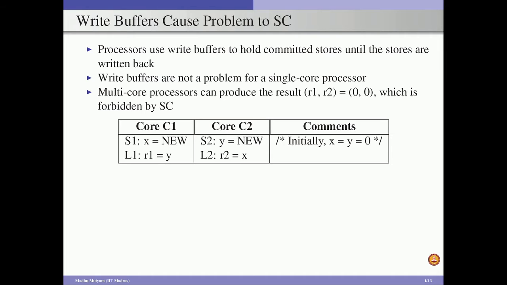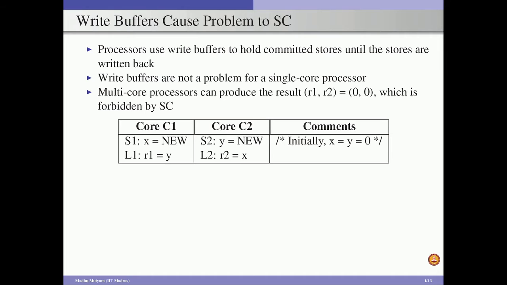Now, if we have write buffers in our multi-core system, what happens is that when core 1 executes the store instruction x equal to new, it stores the value in the store buffer, and the value written onto the store buffer may not be immediately reflected or communicated to the other cores. As a result, when core 2 executes its load instruction R2 equal to x, it will read the old value.